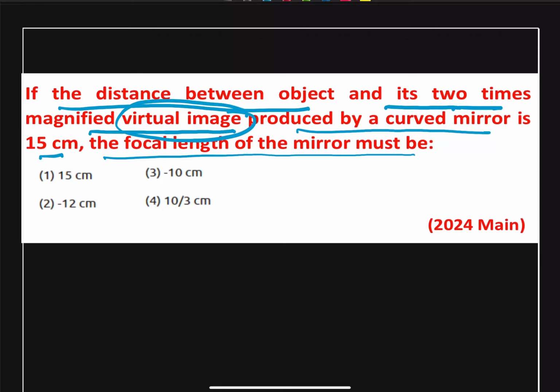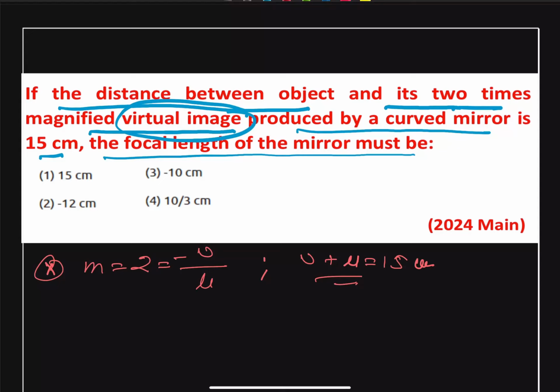So we start with the magnification, and we know that magnification is given as 2, which is minus v upon u. The second thing given is that the distance between the object and the image is 15 centimeter. So we can write that v plus u is equal to 15 centimeters.